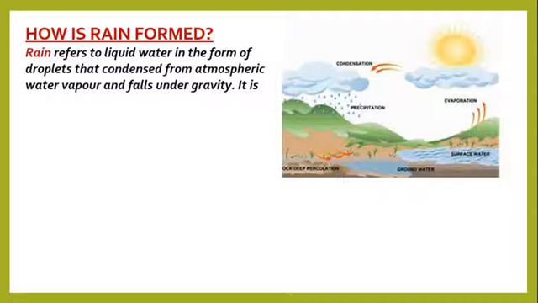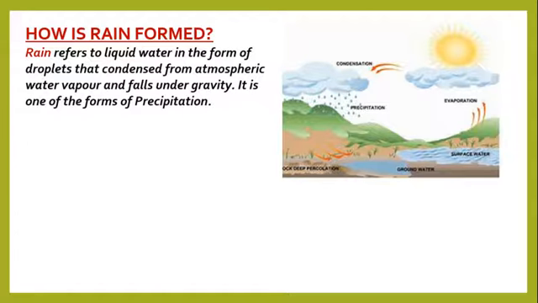Let's look at another way of defining rain. Now, before then, we're saying that rain is just one of the forms of precipitation. Other forms include snow, hail, and the rest, even dew. So now, let's look at another definition of rain.